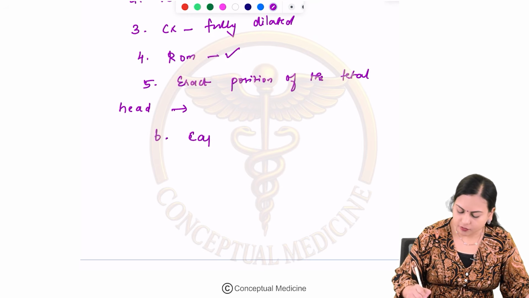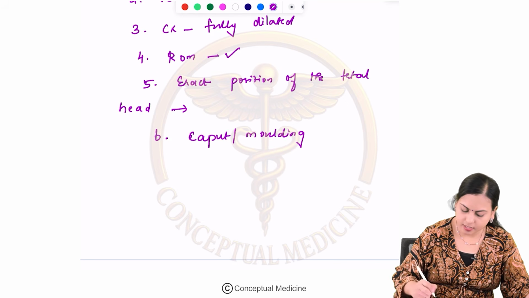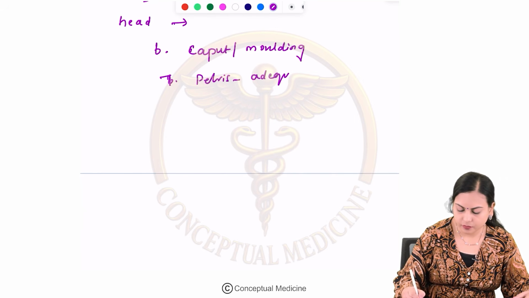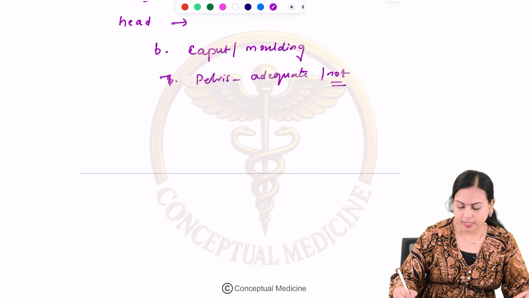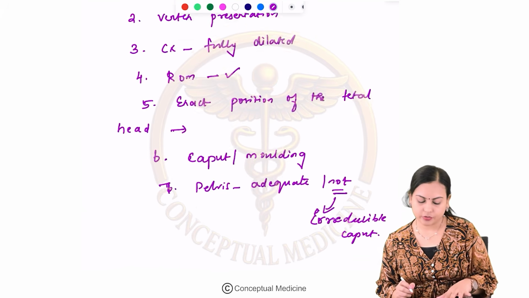You have to assess for the caput as well as molding in the fetal head, and you have to check whether the pelvis is adequate or not. Suppose if it is not adequate and there is irreducible caput, then there is no meaning in performing operative vaginal delivery. Clear? So, these are the criteria.